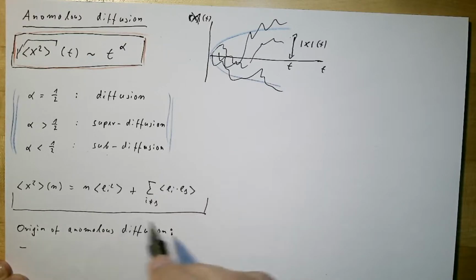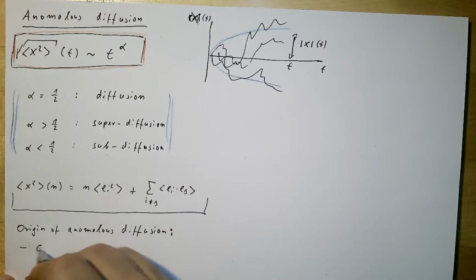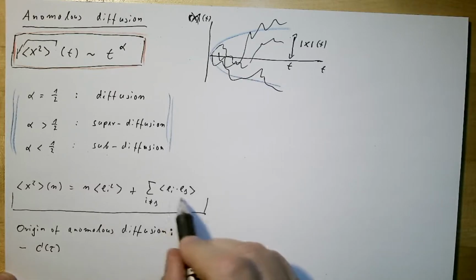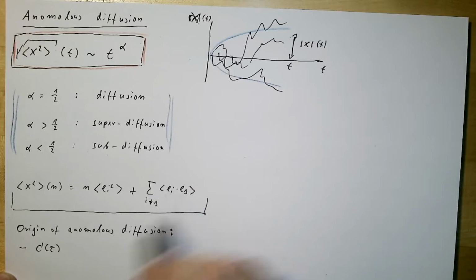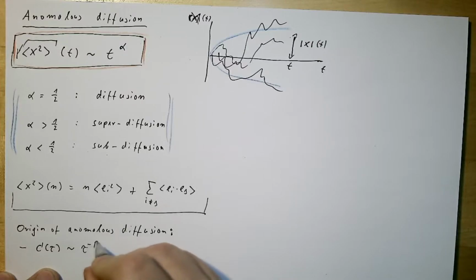Two things can happen. Either this correlation sum, I write it directly like this, assuming we have a stationary process, depends only on the time distance tau, and we have the autocovariance function. If this decays slowly as a function of time, for example as a power law.